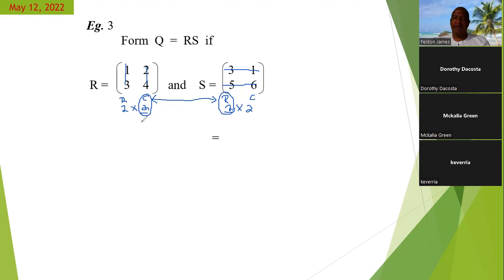Say, for instance, the number of columns in the first matrix was 3, and the number of rows in the second matrix was 2. Now, the question is, what do you think would happen in terms of multiplication? Would you be able to multiply the 2 matrices together?